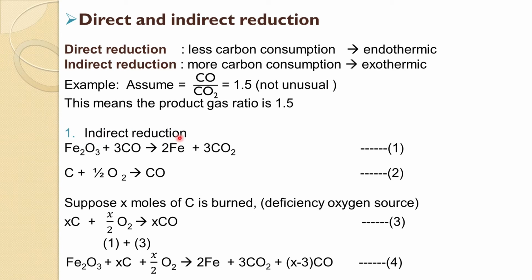So, for indirect reduction, hematite is getting converted into iron, the overall reaction as we said in this one. The CO we get is from burning of the carbon.